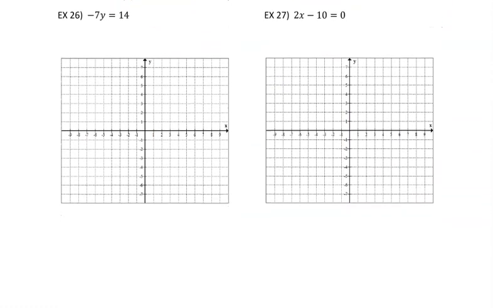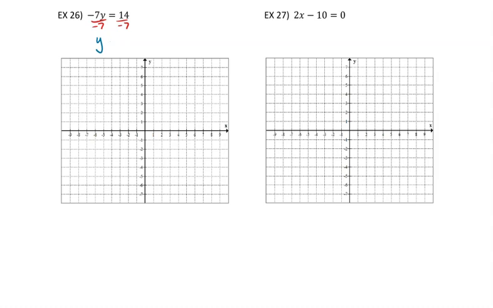Alright, so let's go ahead and try these last two. For these, it's the same exact idea, and we know they're going to be special lines because there's only one variable in each. Right, so we're just going to solve for whatever variable is present and then graph that line. So in the case of 26, to solve for y, we're just going to divide by -7. And we would get y equals -2.